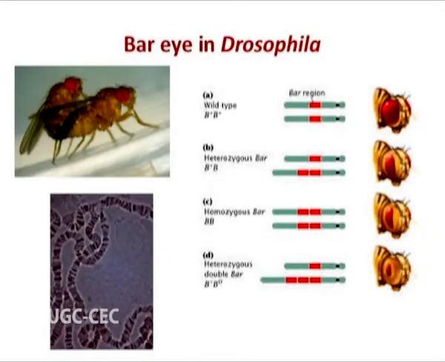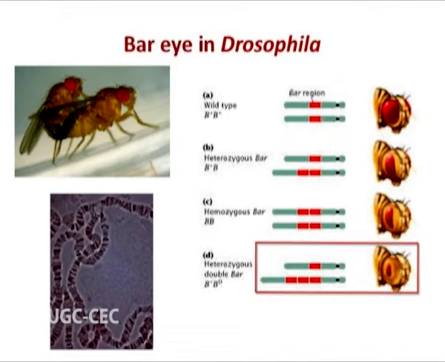The first duplication to receive critical study was the bar eye variant in Drosophila melanogaster. The wild type eye is oval shaped and the bar eye phenotype is characterized by a narrower oblong bar shaped eye with fewer facets.